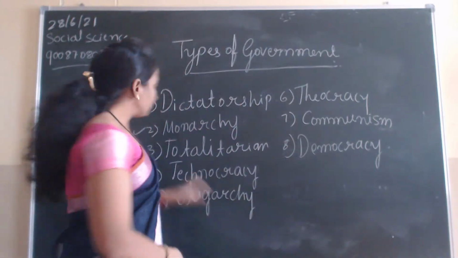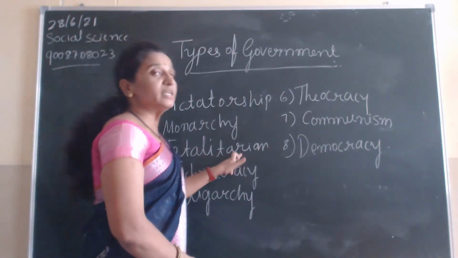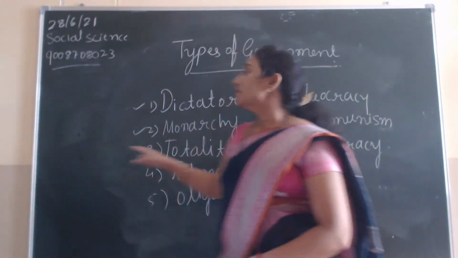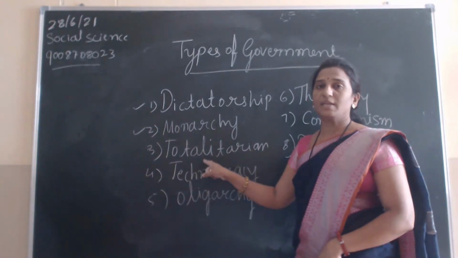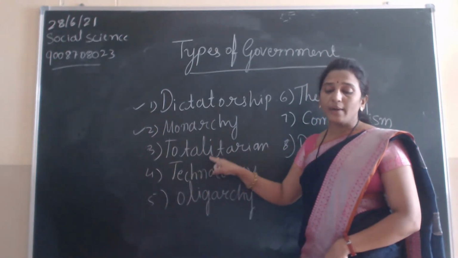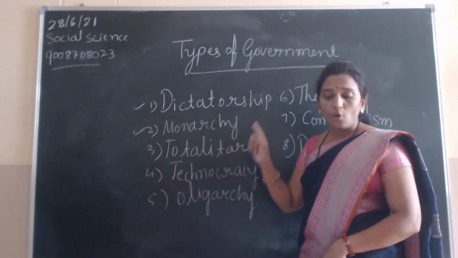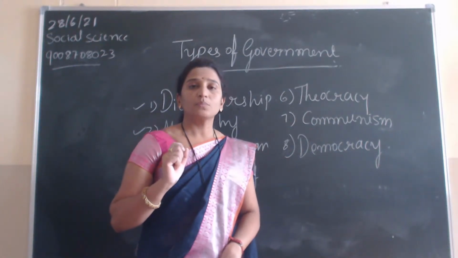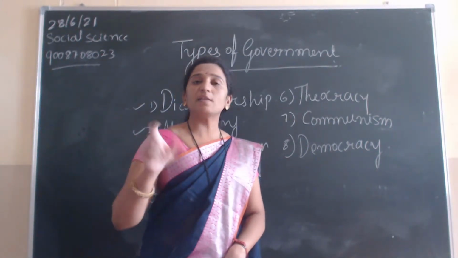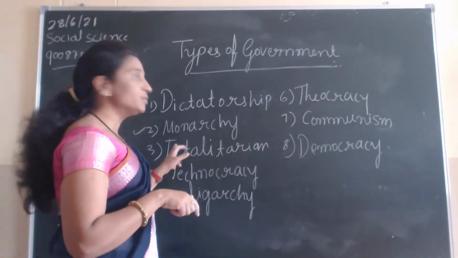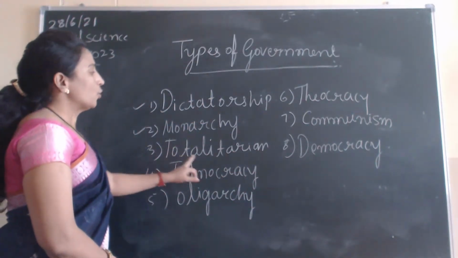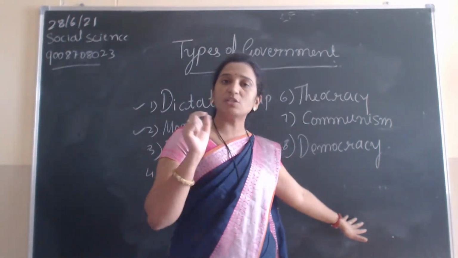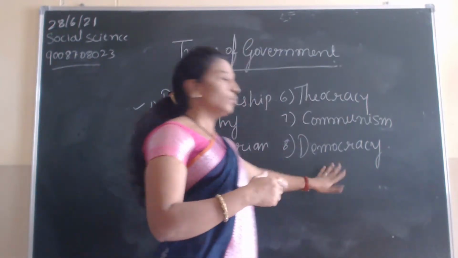What does it contain? Totalitarian consists of a single political authority with complete control over the state. These words are very hard to pronounce. You can write them down 5 times and pronounce them with the spelling.